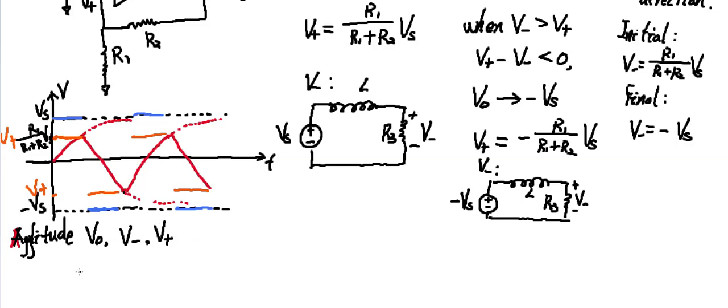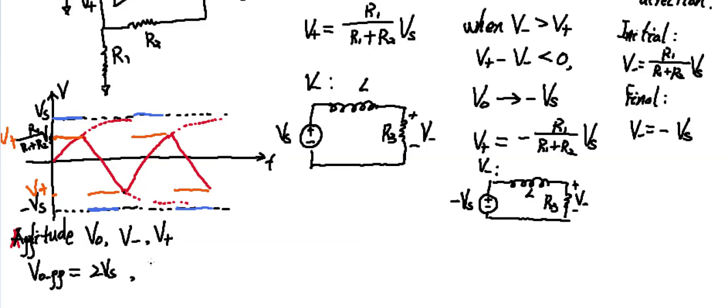From our sketch, we can easily determine that the peak-to-peak value for VO is simply 2 Vs, because it goes from positive Vs to negative Vs.